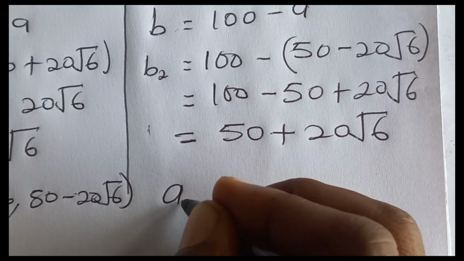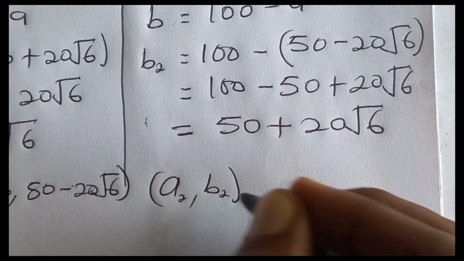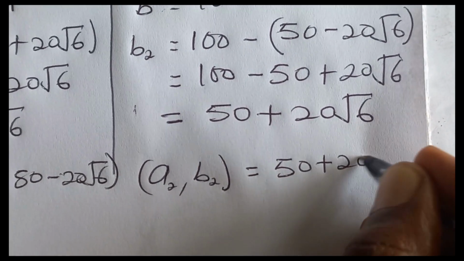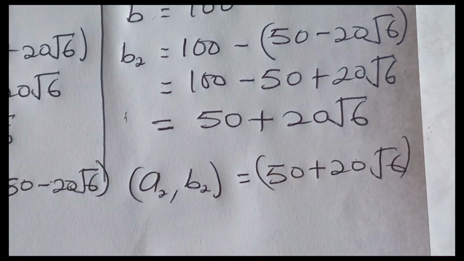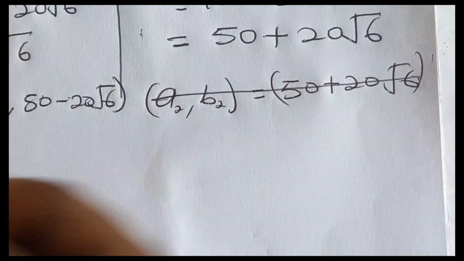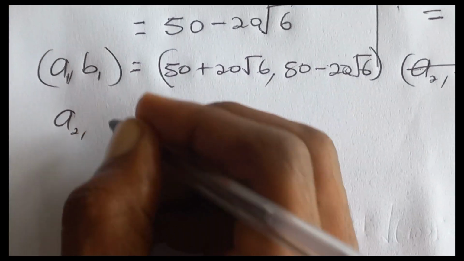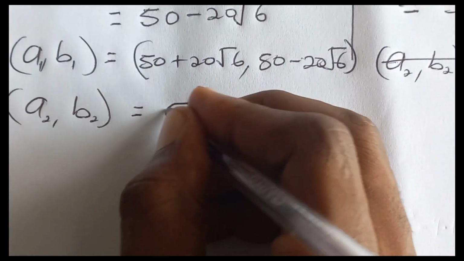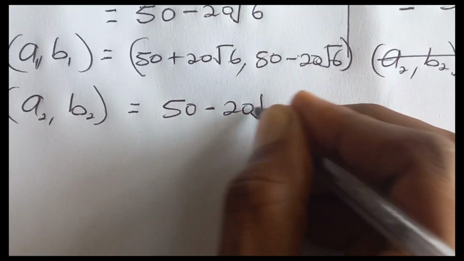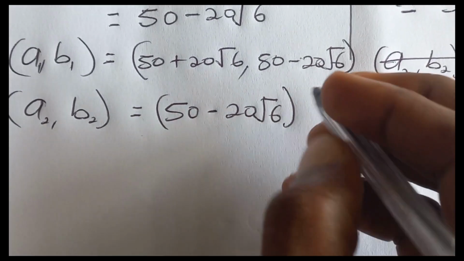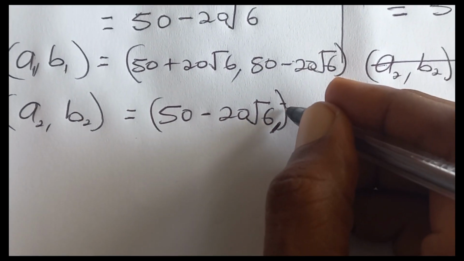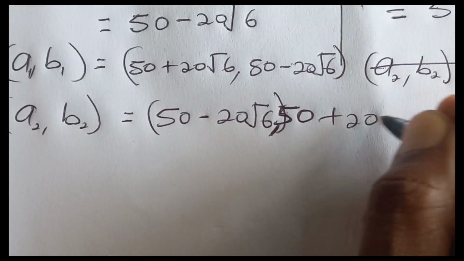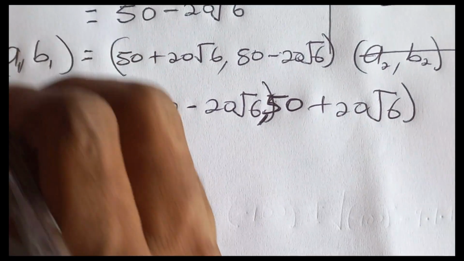Now a2, b2 is going to be, okay, let me write it here so that it will be in order. So a2, b2 is also going to be a2 of 50 minus 20 root of 6. Sorry. Then b2 is 50 plus 20 root of 6.